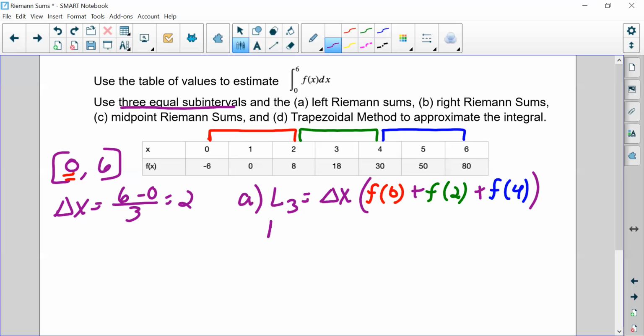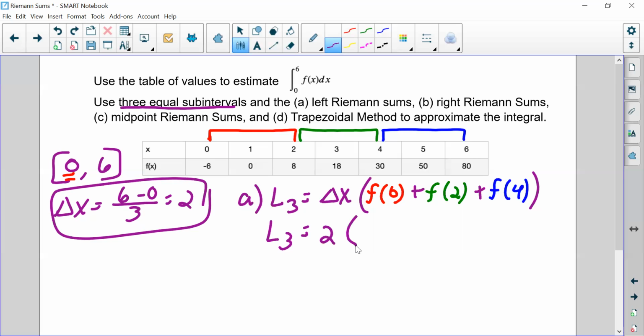What I'd like to see on your paper: first, you found your delta x. You're going to have to show work on these. So find delta x is your first step. Second step is just plugging it in. So delta x is 2, times f of 0. What is f of 0 equal to? -6.